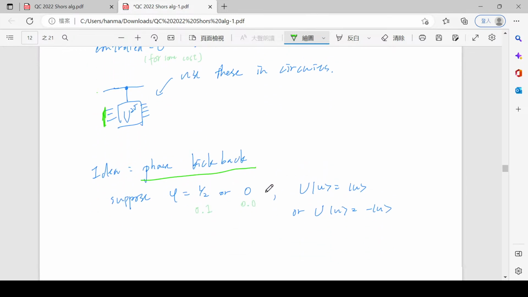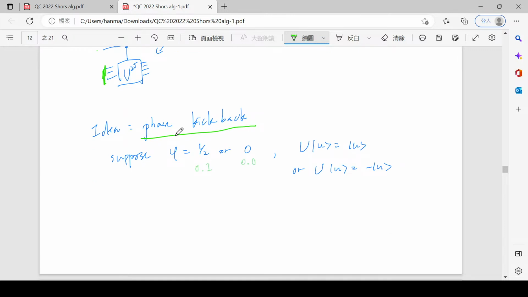If we promise you that phi is something very easy, the simplest one is 0, and the furthest thing from 0 is 1/2, because everything is mod 1. Then, okay. So if your phi is 0 or 1/2, or if you write it in binary, it's 0.0 or 0.1.